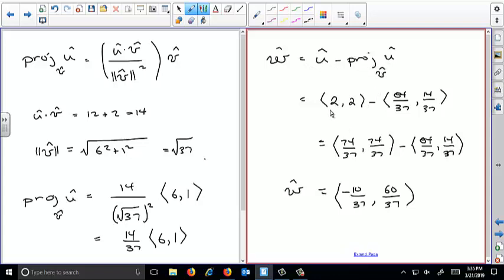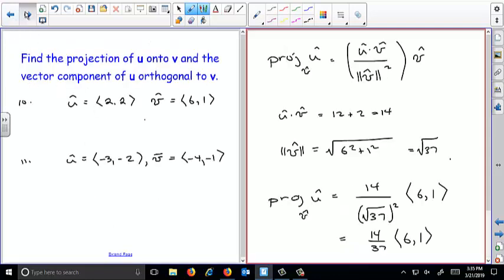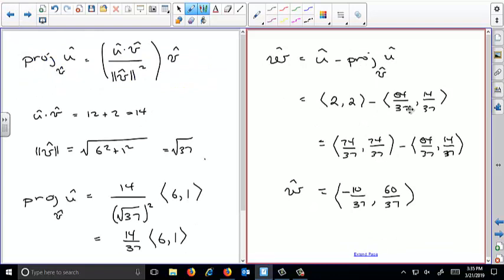So u was 2 comma 2 from this problem statement here, and the projection was 84 over 37 comma 14 over 37. So you convert 2 comma 2 into 74 over 37. 37 times 2 is 74. And so then we have 74 minus 84 is minus 10, so we get negative 10 over 37. And 74 minus 14 is 60, so we get 60 over 37.